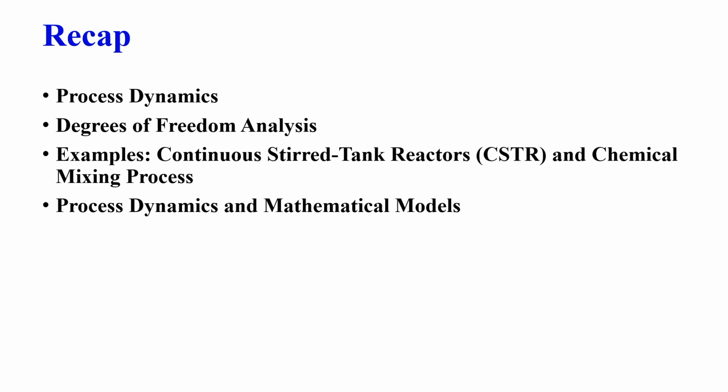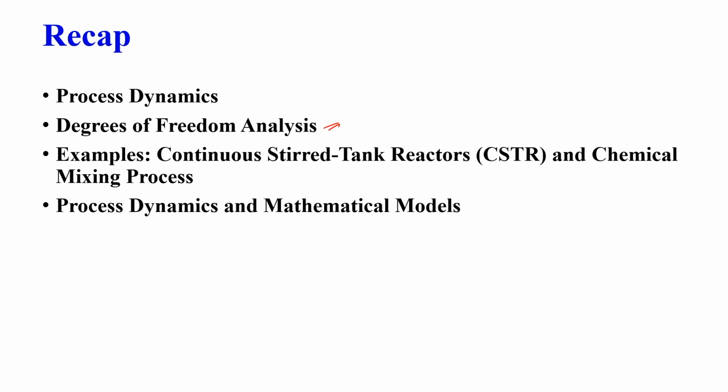For that we need to understand the concept of degree of freedom, which gives the idea of the maximum number of variables that we can fix, or the minimum number of variables that is required to completely define a system. Then we discussed a couple of examples, the continuous stirred tank reactor and how to get those mathematical equations, and one simple example, the chemical mixing process.